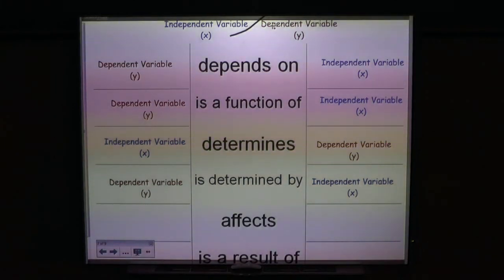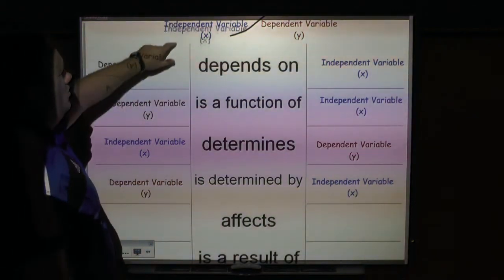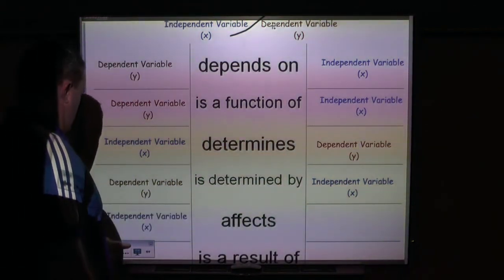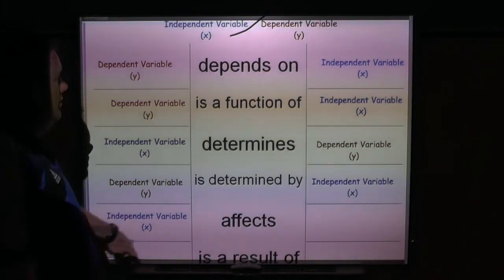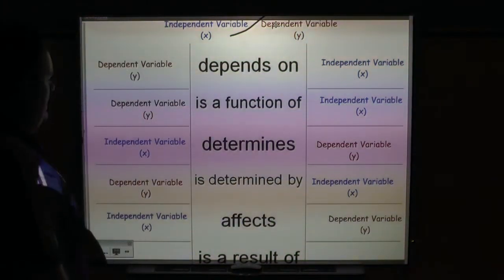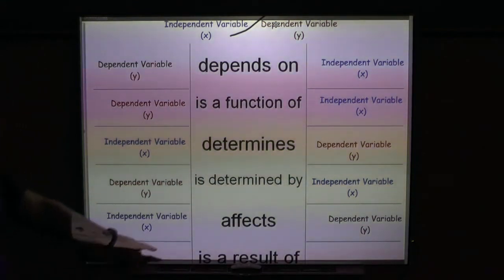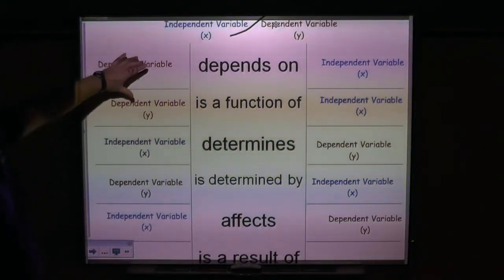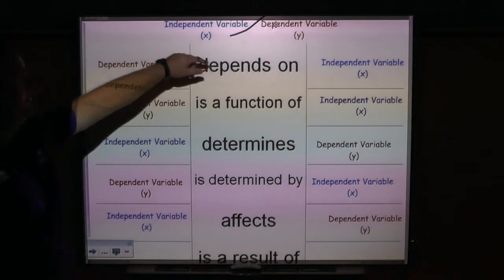Now, affects. Think about what affects means, how it affects something. So, the independent variable will affect the dependent variable. And then lastly, is a result of. The nice thing about is a result of is that it's the same as depends on and is a function of.